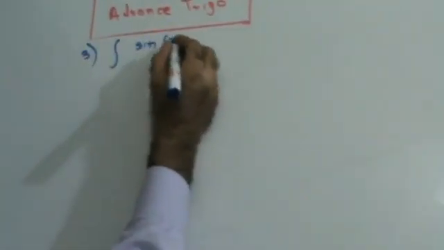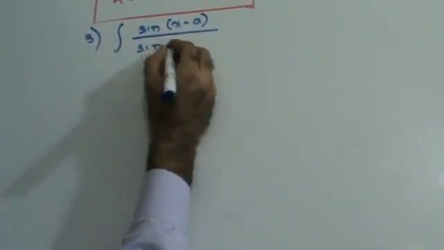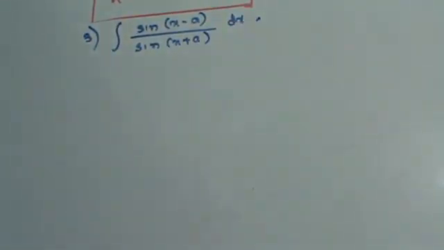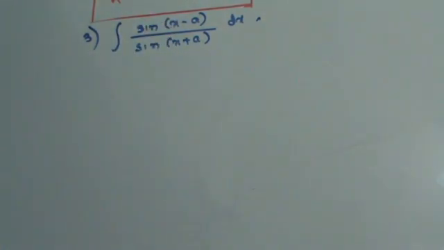Integral of sin x minus a upon sin x plus a dx. Right? Very important sum, very interesting sum. The degree of polynomial is same in the numerator and denominator. Since the degree of polynomial is same in the numerator and denominator, you will introduce the denominator in the numerator.